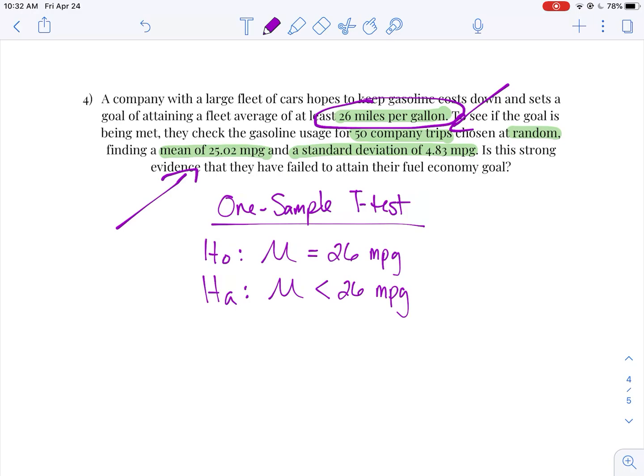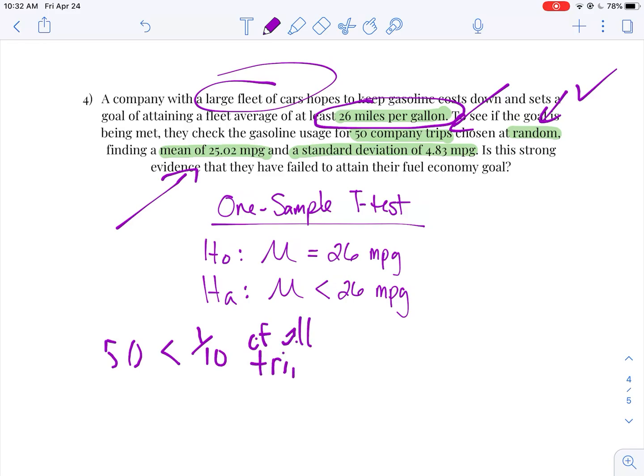All right, time for some conditions. For my conditions, random: check, that's a condition. 10%: they checked company usage for 50 company trips, and it says a large fleet of company cars. So I'm going to go on the impression that for our 10% condition, 50 is less than 1/10 of all trips.